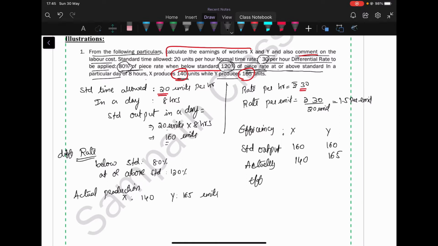Efficiency, how will we check? Efficiency is actual units by standard units.